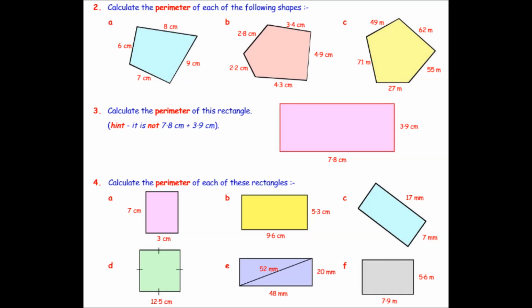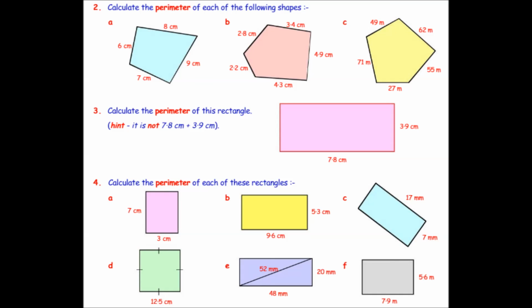E has got some extra information, which is this diagonal line through the middle at 52 millimetres. Now, once you get into P7, you're going to do a lot of work on triangles and angles and so on. And actually, if we've got time, I don't know if we will, this term, that's what we'll work on next, is triangles and angles and things.